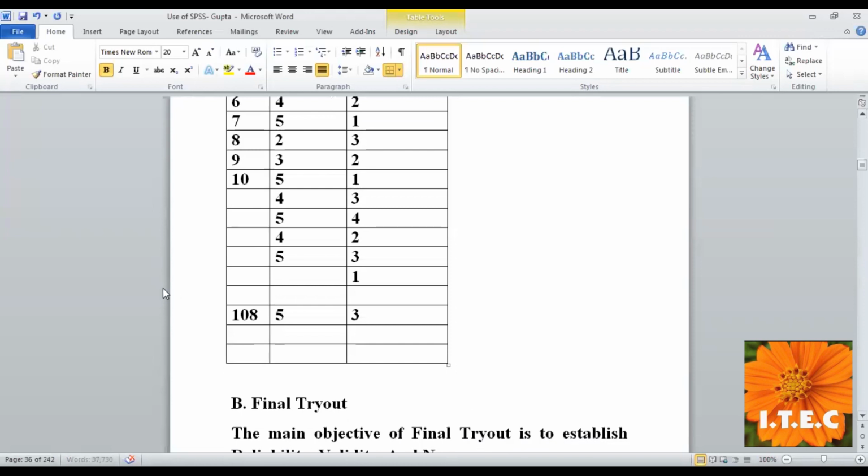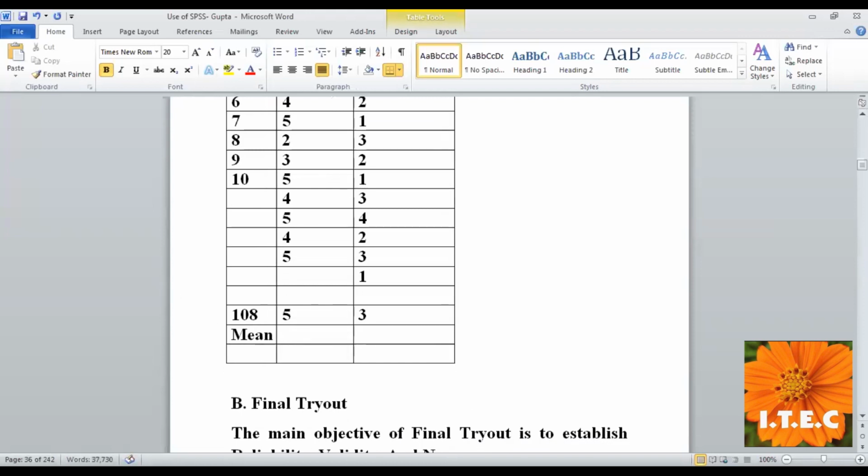Now, you can calculate the mean. So here will be mean 1 and here will be mean 2. And then you can calculate the standard deviation.